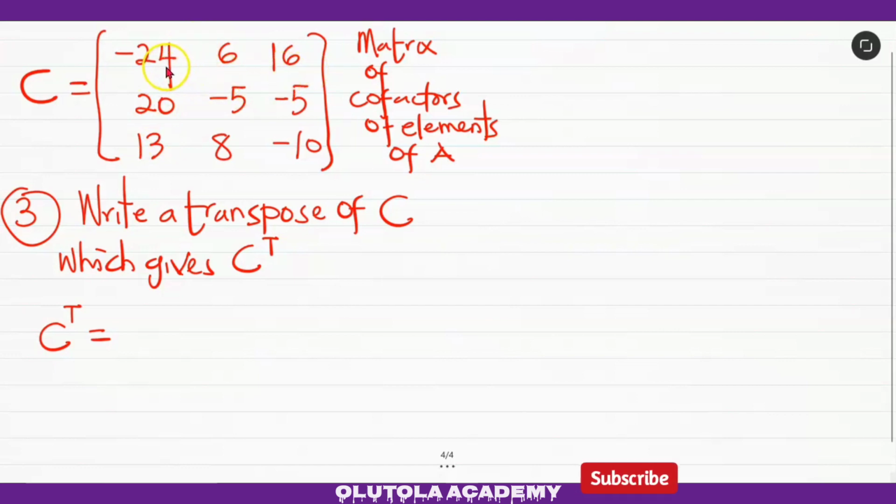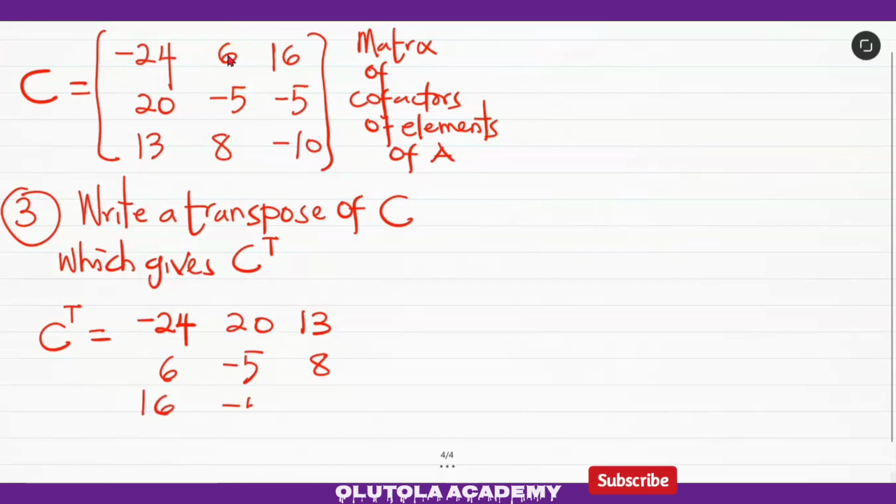So we have negative 24, then 20, 13, then 6, negative 5, 8, then 15, negative 5, and negative 10.